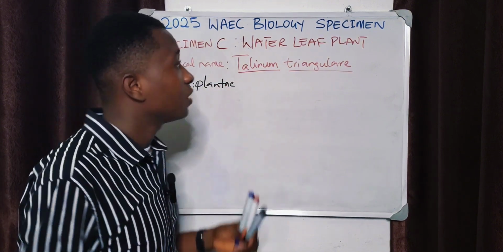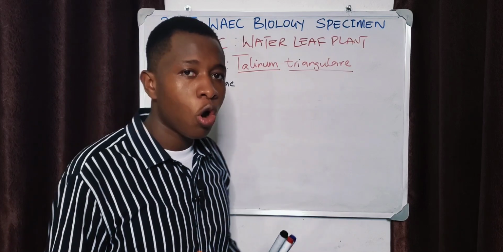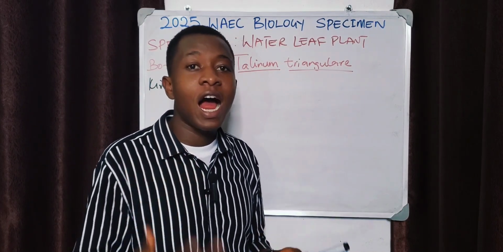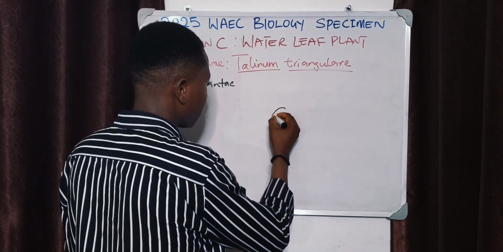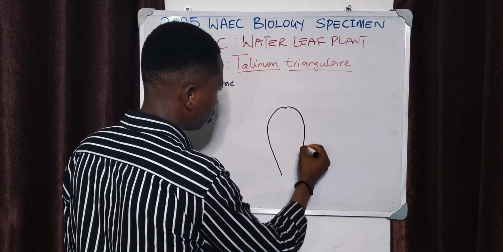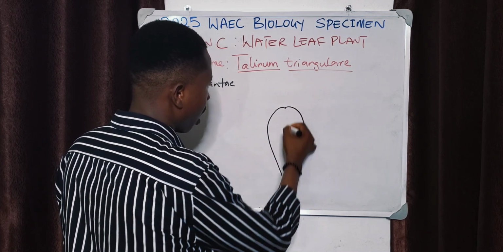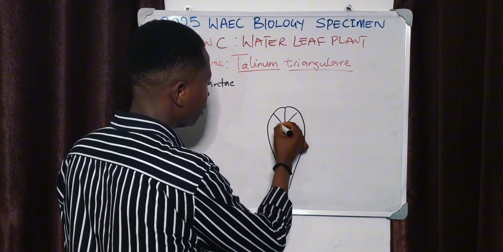So the questions that can emanate from this specimen, they can ask you to pick out a leaf of the specimen and draw, include the venation.